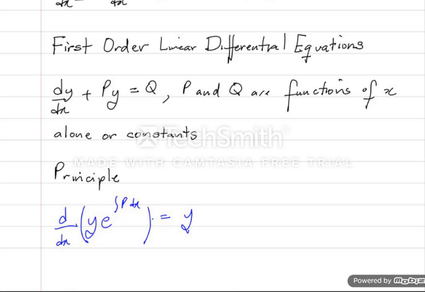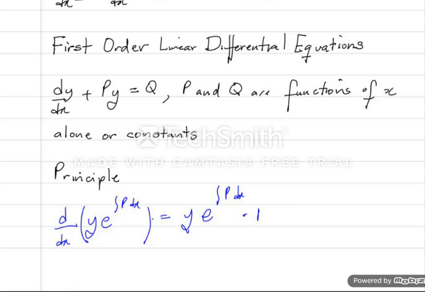If you differentiate e to the x, you also multiply by the differential of the inside function. So if I differentiate e to the integral of p dx, I get e to the integral of p dx multiplied by the differential of the inside function, the integral of p dx. What would be the differential of the integral of p dx? It would be p, actually.